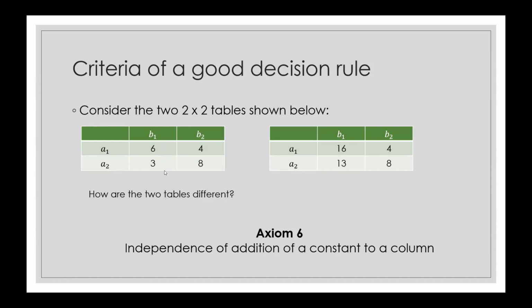It makes sense, because if you add a constant, both will increase on that state of nature, and your decision would still be to choose A1. If you choose A1 here, then even if you add plus 10, you will still choose A1. So that is the idea of independence of addition of a constant to a column.